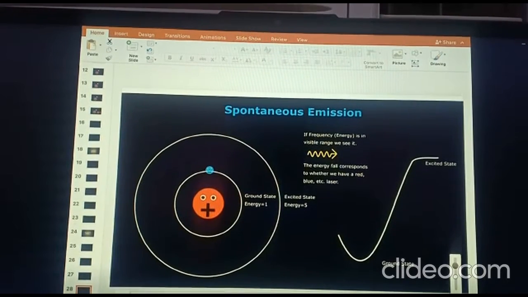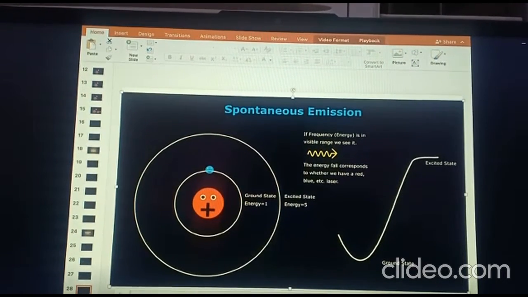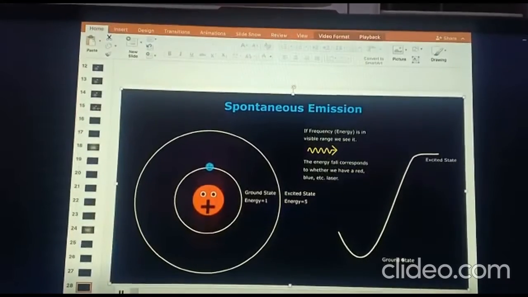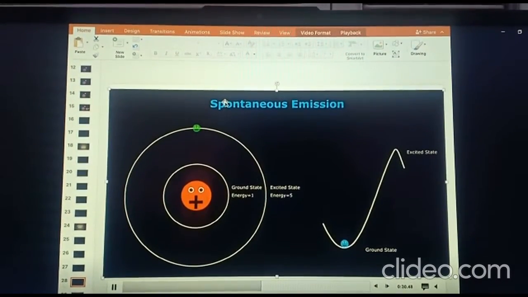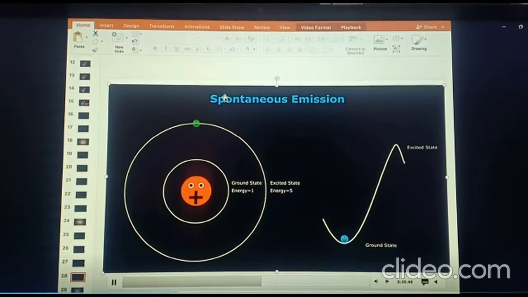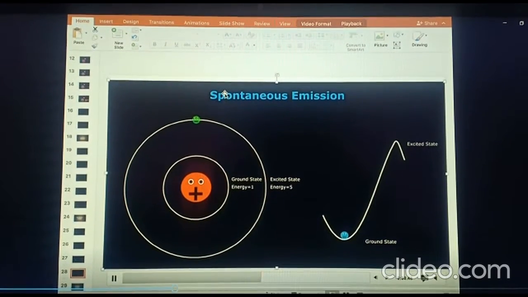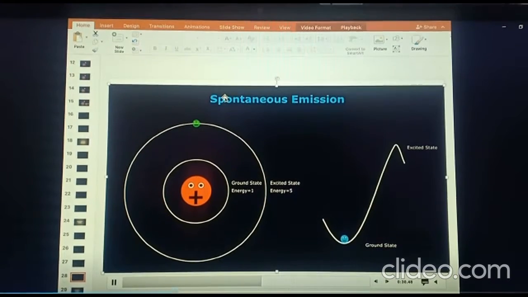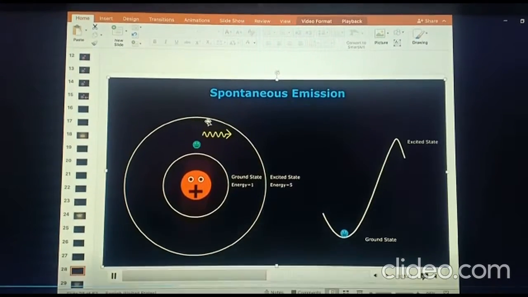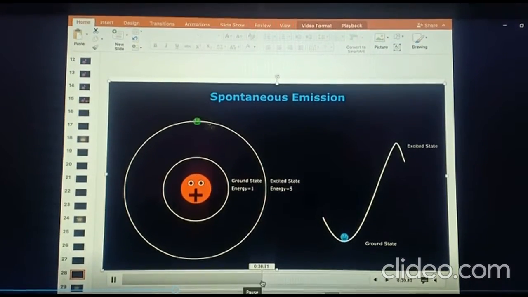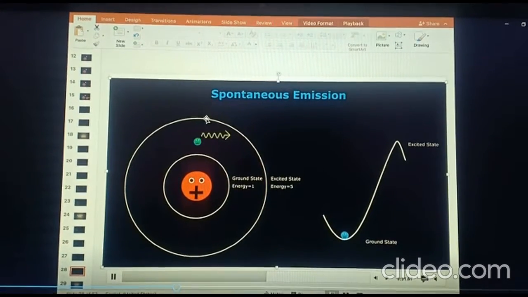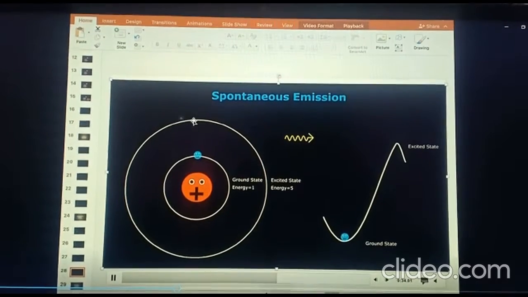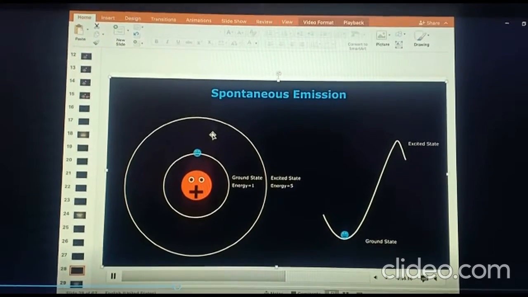The energy released corresponds to whether we have red, blue, etc. Okay, so guys, in brief we can say that the electron, after moving to the excited state by stimulated absorption, comes back to the original position by releasing energy. Okay, a photon is released. If it is in the visible range, then we can see that photon, otherwise we can't see it.